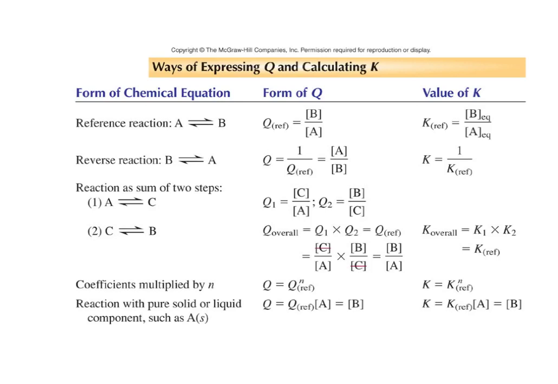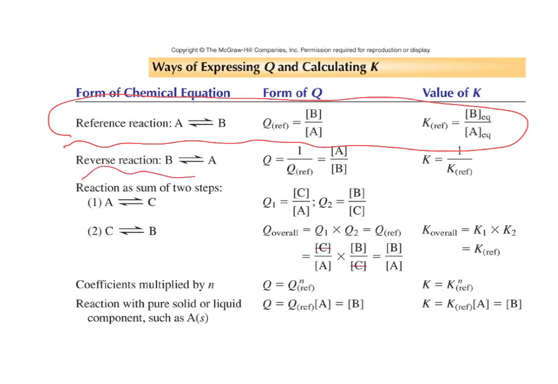Here is a nice summary slide of all the manipulations you can do with the equilibrium constant K. So the top reaction is just your reference. In other words, no manipulations have been made.